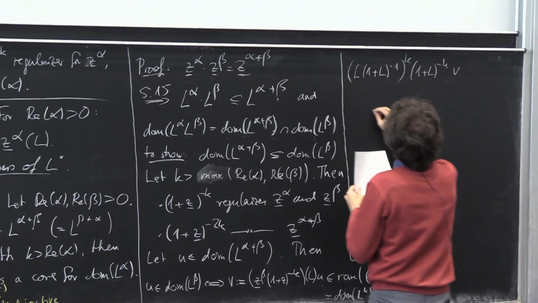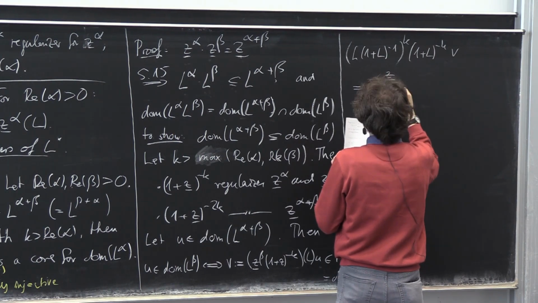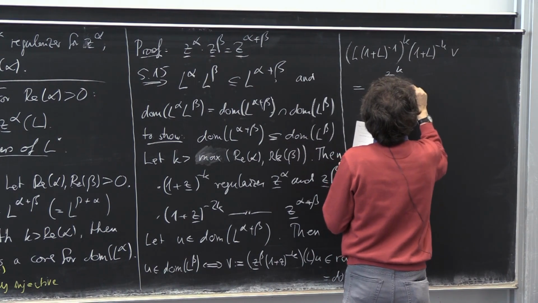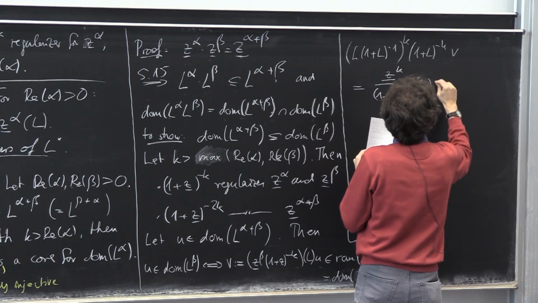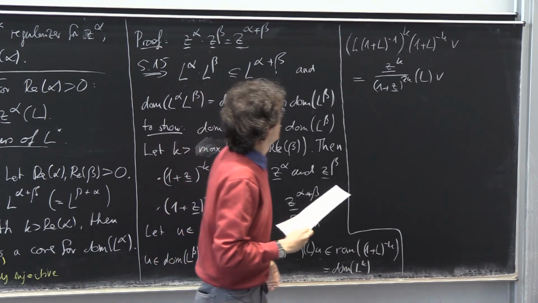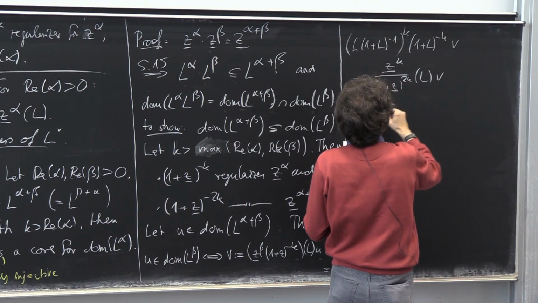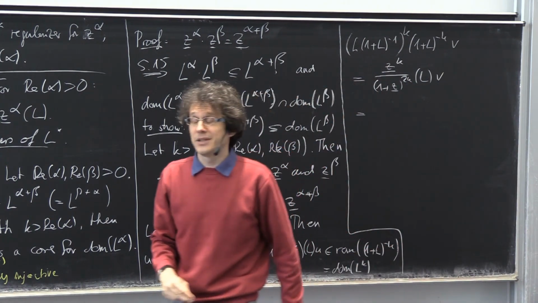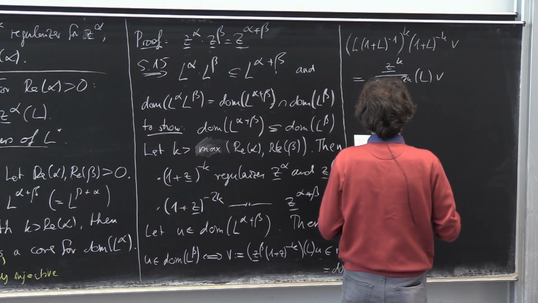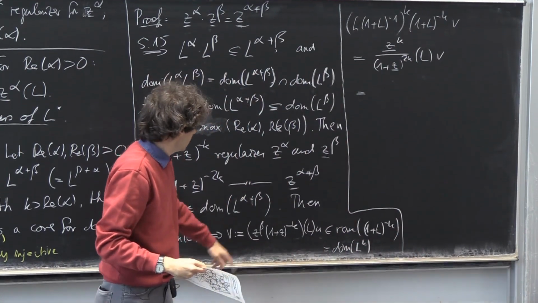Okay, so going through the functional calculus, this is the same as the function z to the k divided by 1 plus z to the 2k applied to L. And now we have to make alpha and beta appear. So now I put in what the V is. So the V is this function here.